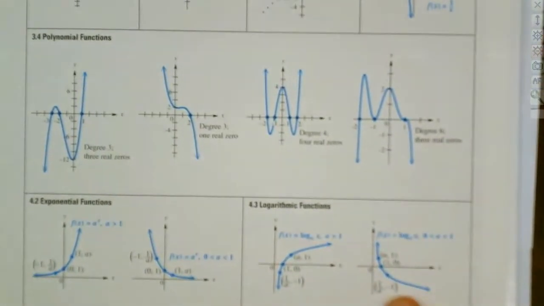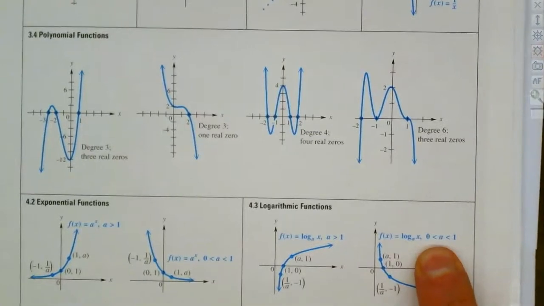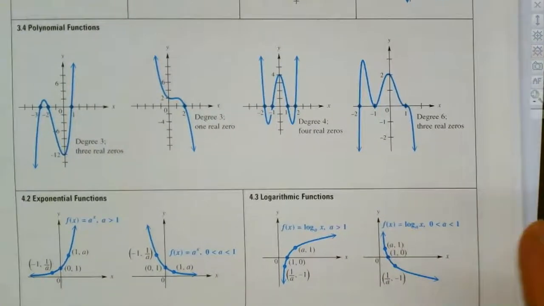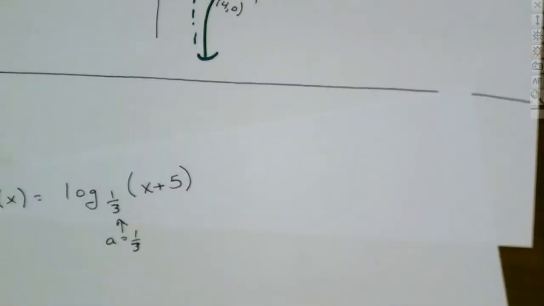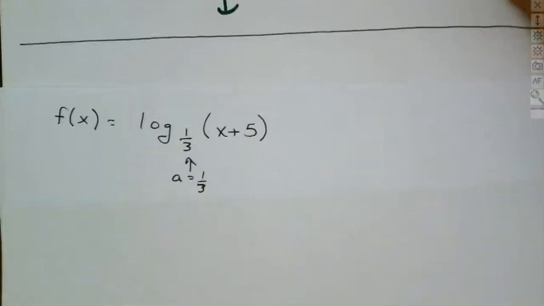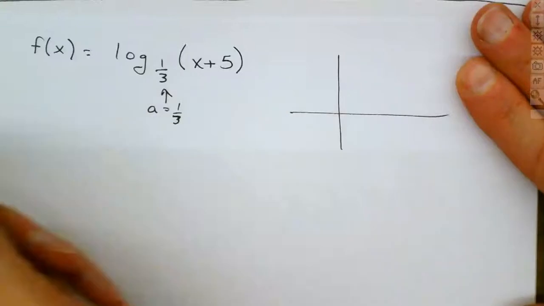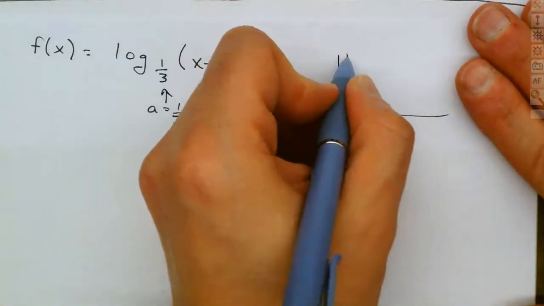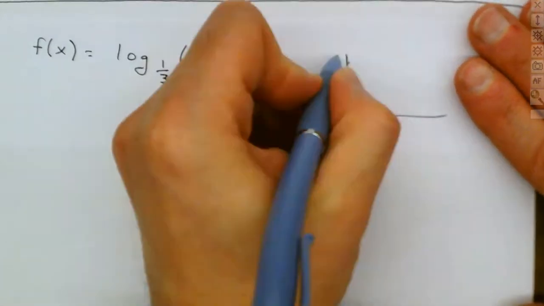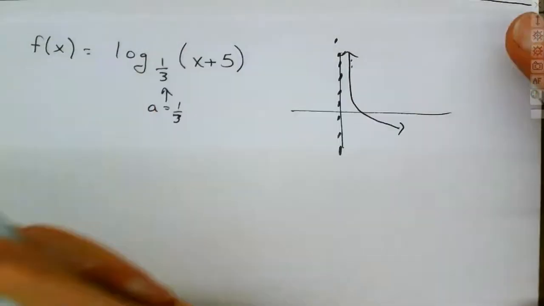It's going to be going down. Why? Because your base is A of 1/3, and 1/3 is between 0 and 1. So your picture will look like that. So your basic picture is going to look like this. Instead of going up, it's going to go down, and we still have the same vertical line.